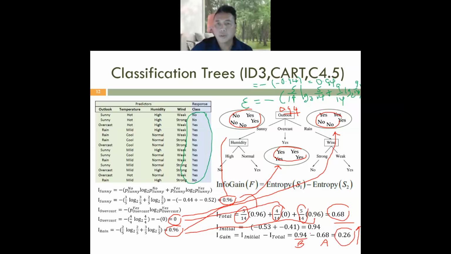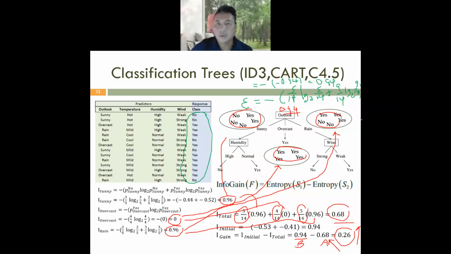Meaning we want to make the entropy smaller. We want to choose a splitting that will make the value of the nodes very pure, almost 0.